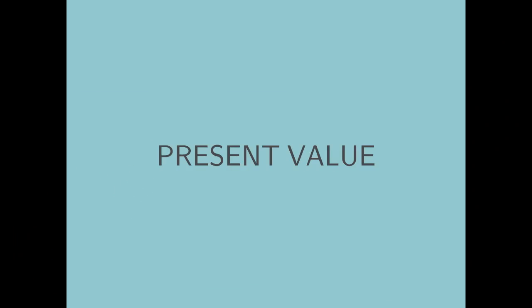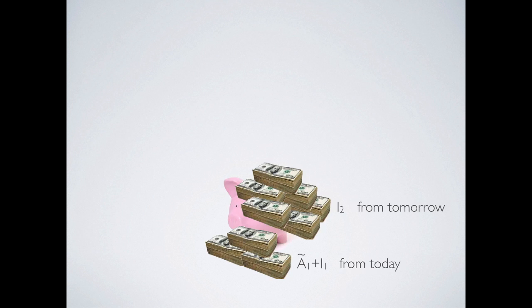Now we talk about present value. To think about present value, we think about the income sources for the intertemporal budget constraint. We have A1 tilde plus I1 from today. We also have I2 from tomorrow. And to think of present value, we start to talk about our money spending plan from tomorrow.